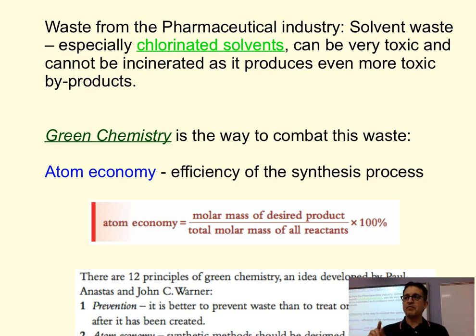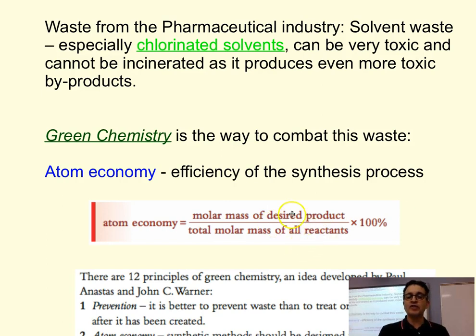And the most important aspect of green chemistry is the idea of atom economy. Atom economy is how to be efficient in your synthesis. So if you want to make a compound and it has a particular molar mass, atom economy would encourage you to consider what percentage of that mass is of the total mass of all the different reactants that you have used.